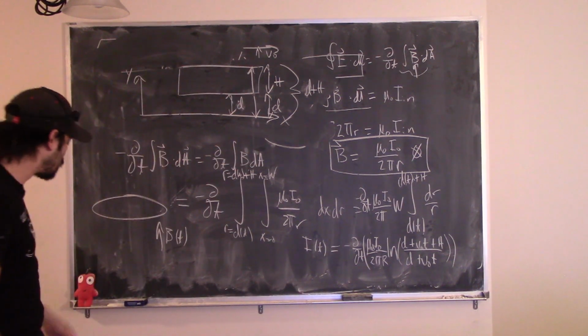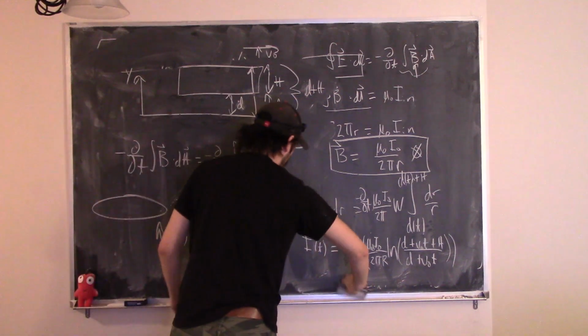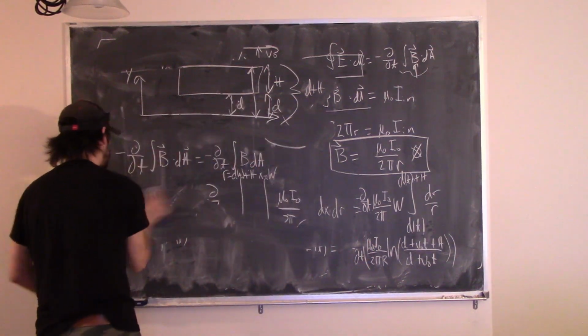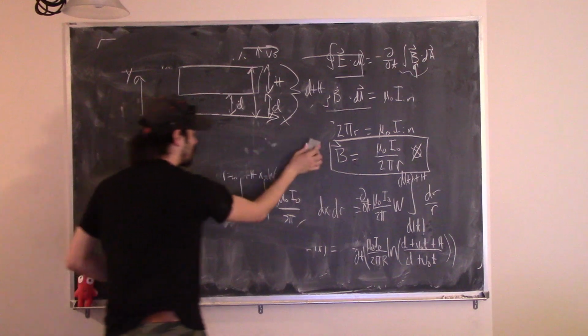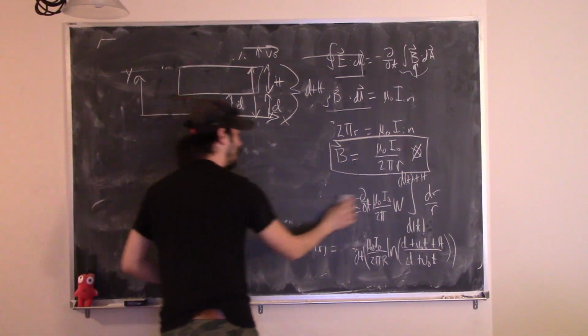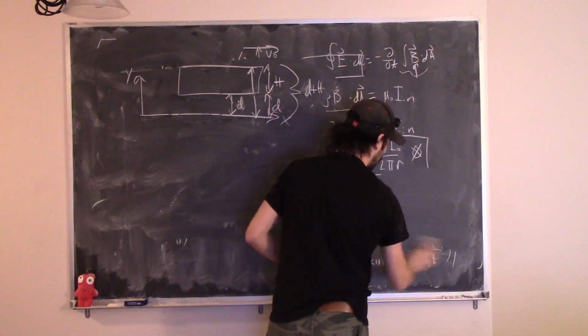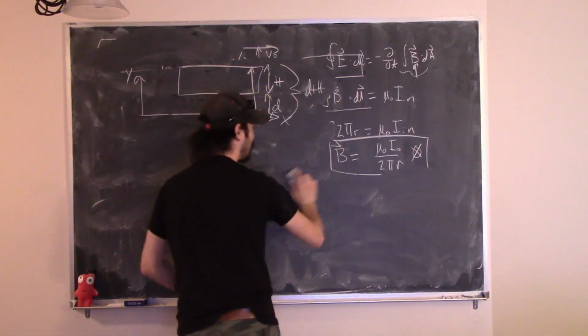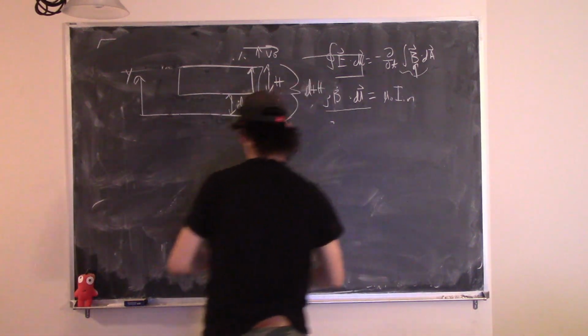Because what does Lenz's law tell us? Well, Lenz's law says that the direction of the induced current is going to be such that it opposes the change in magnetic field. So the change in magnetic field is going to be some decrease in magnetic field.